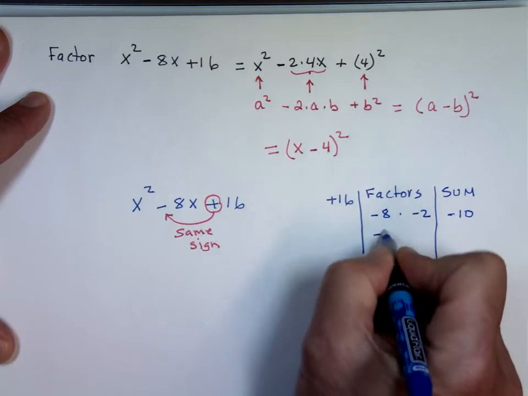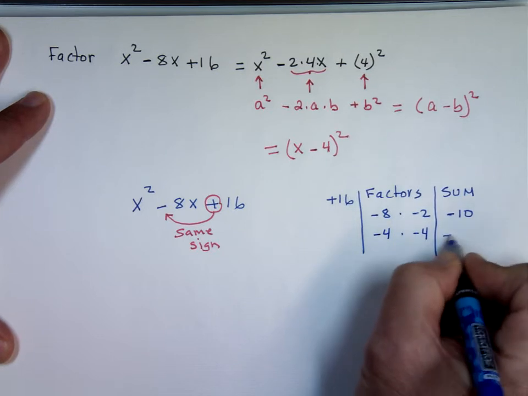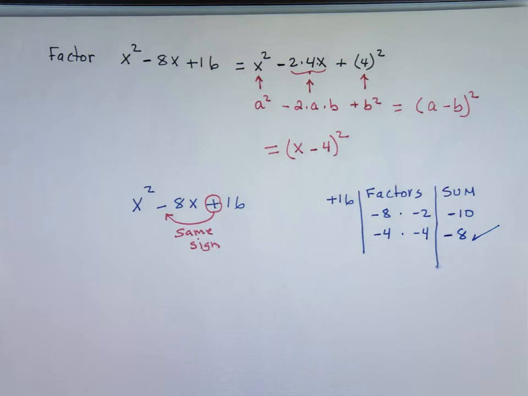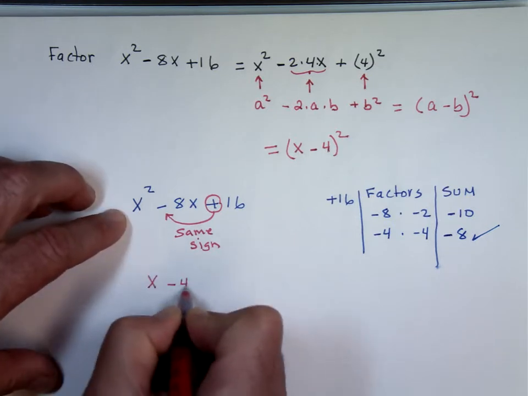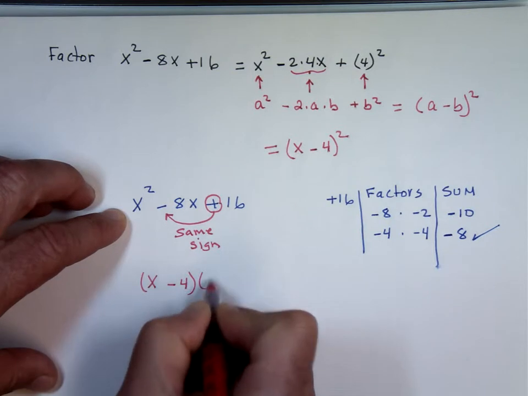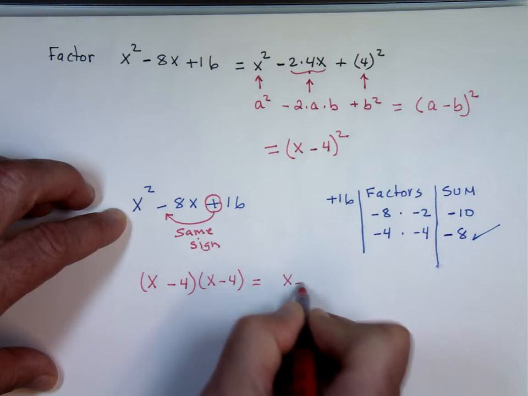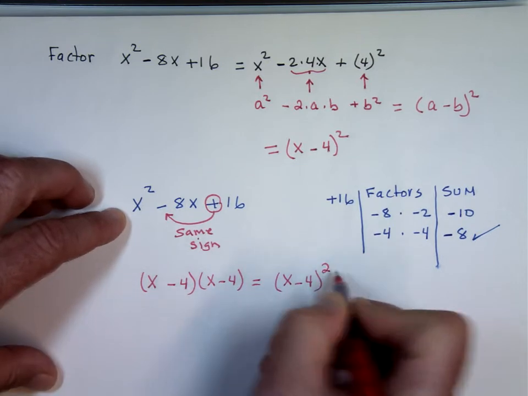Could be negative 4 times a negative 4. The sum is negative 8. Perfect. So to factor that, it's x minus 4 times x minus 4, which is x minus 4 squared. Notice there's two sets of them. That's why the power of 2.